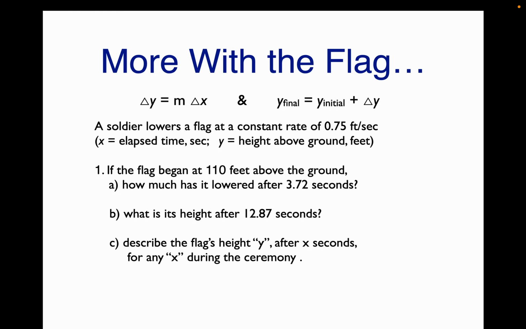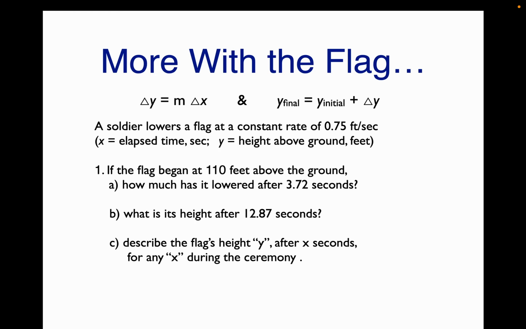To find the height y after any number of seconds x have elapsed, I start at 110, and then I decrease by 0.75 meters for every second. So that's 110 minus 0.75x. Right? So starting point and change away from that.